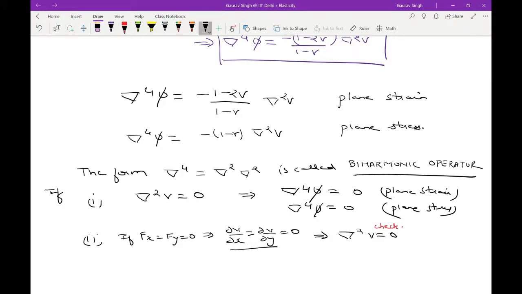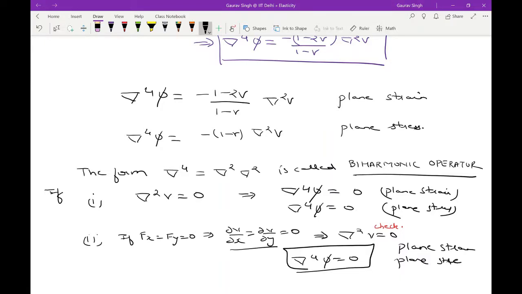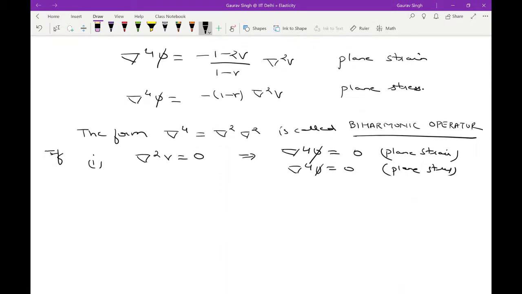And again, if this is also true, then this is equal to 0 for both plane stress and plane strain. Okay.